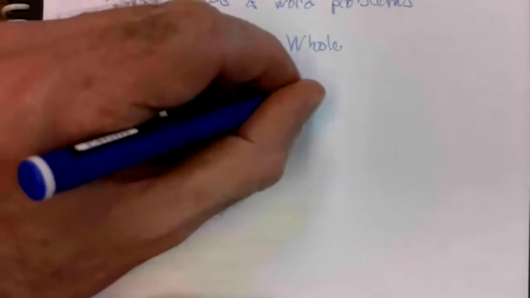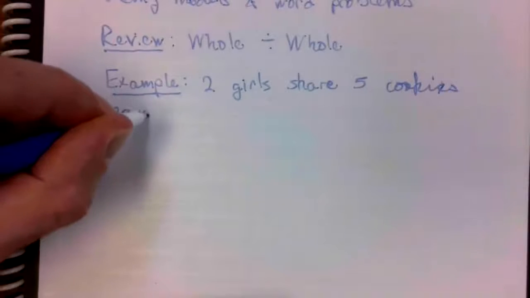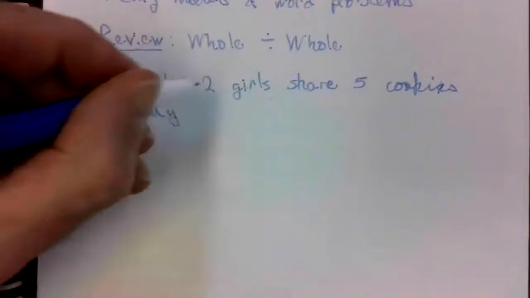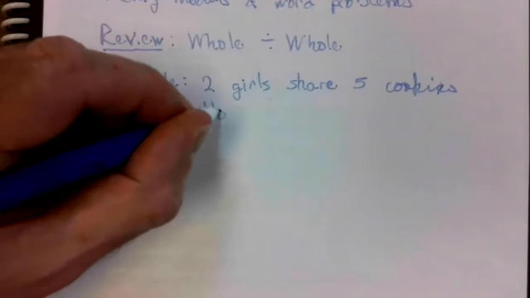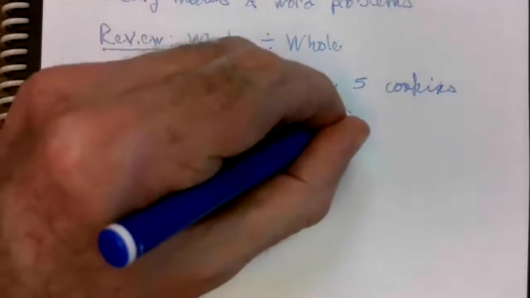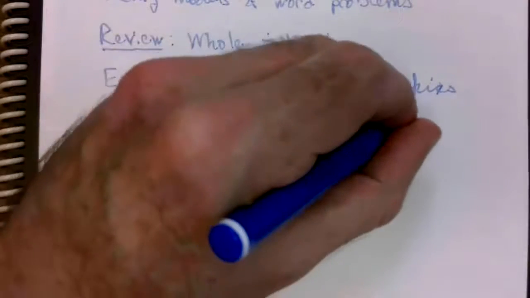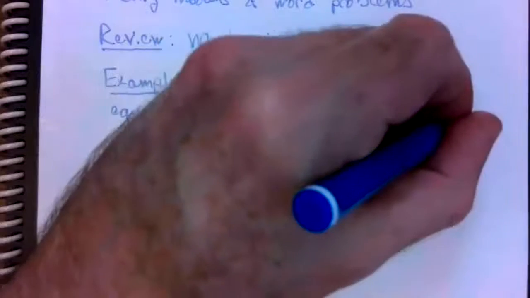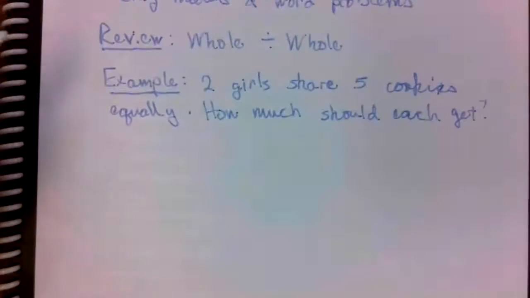So two girls share 5 cookies equally. How much should each get?